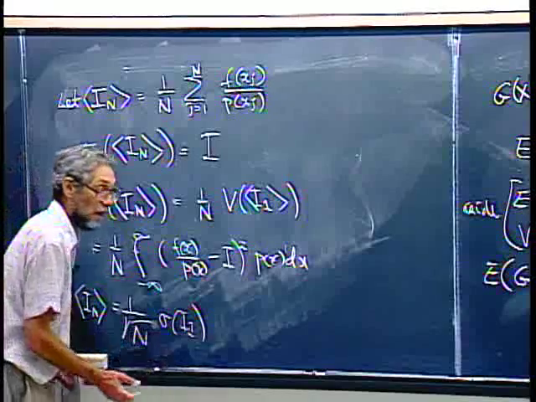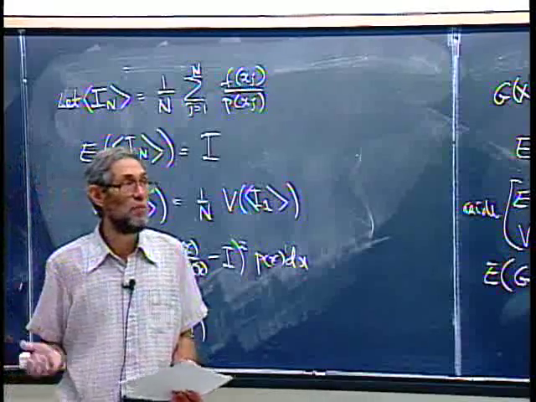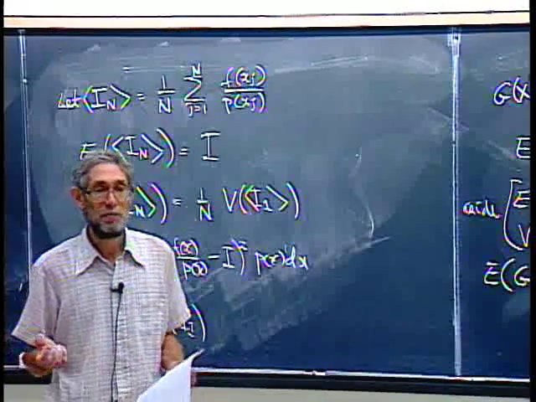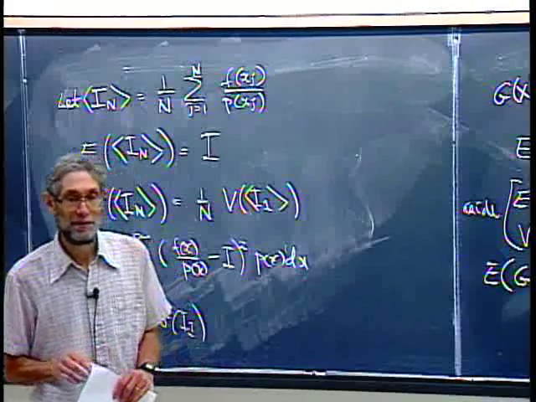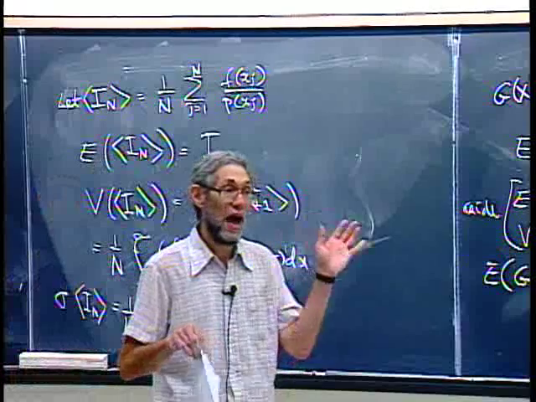So I'll prove that one next time. The statement is in the book, but the proof isn't, and being trained as a mathematician, I always like to see proofs. So I did, except for that, I'm caught up.